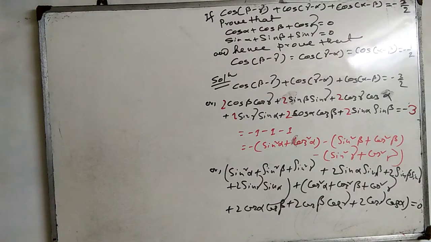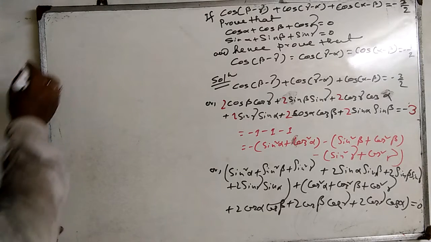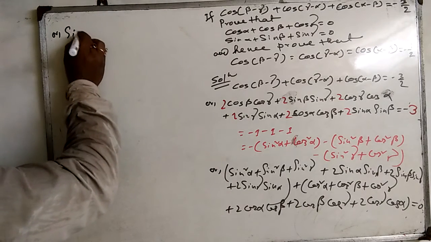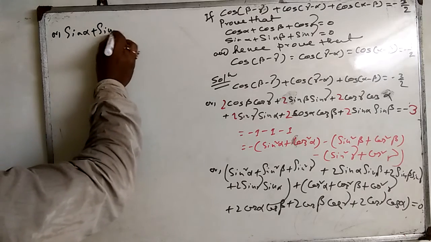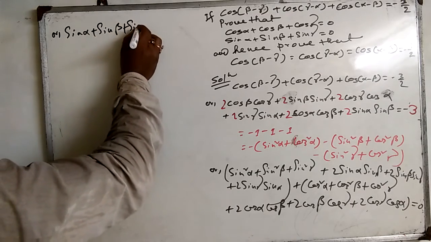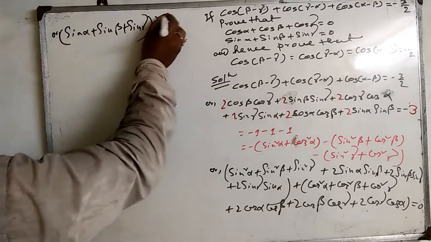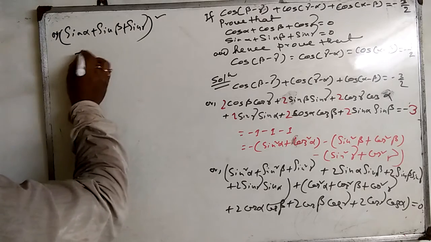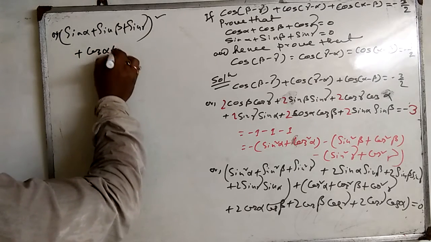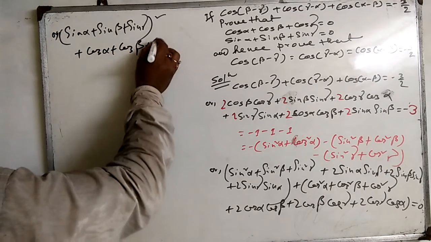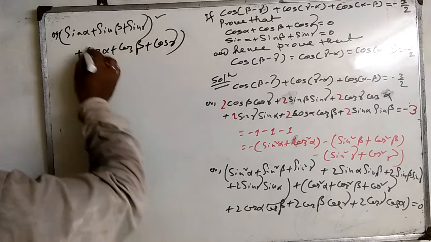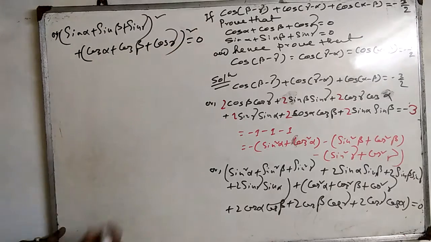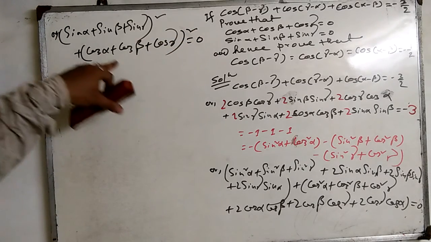So that will be a square plus b square plus c square plus 2ab plus 2bc plus 2ca. That means sin alpha plus sin beta plus sin gamma whole square plus cos alpha plus cos beta plus cos gamma whole square equals 0.